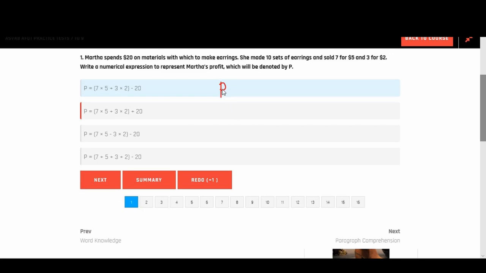So we have P equals, we know her cost to make the earrings is $20, so we're going to have to subtract that from what she sells them for. And we're told additionally that she sells 7 sets for $5 and 3 sets for $2.